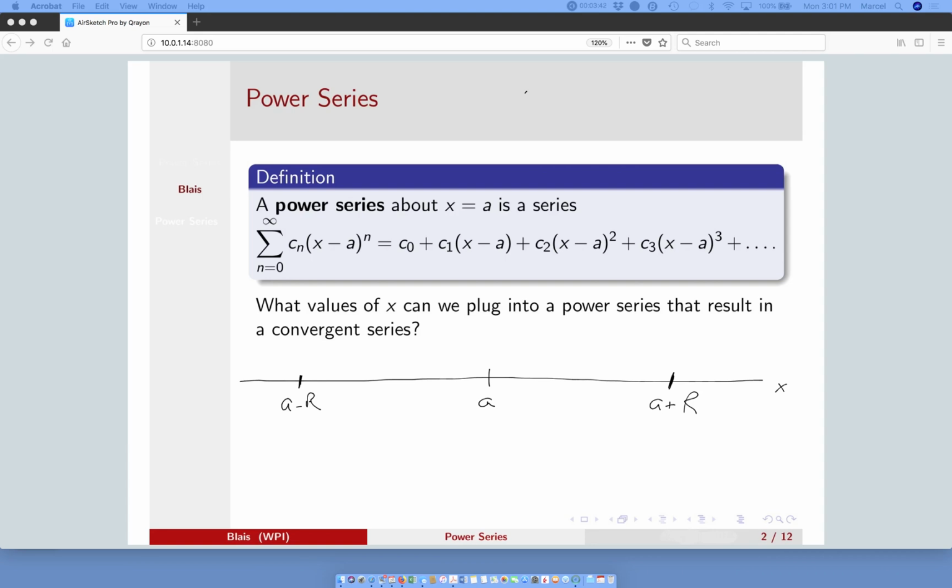And what will happen is that inside this interval, so for any x in this, and this is going to be important, open interval, the power series is absolutely convergent.